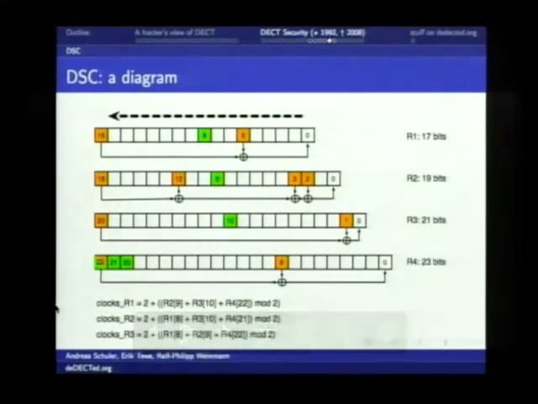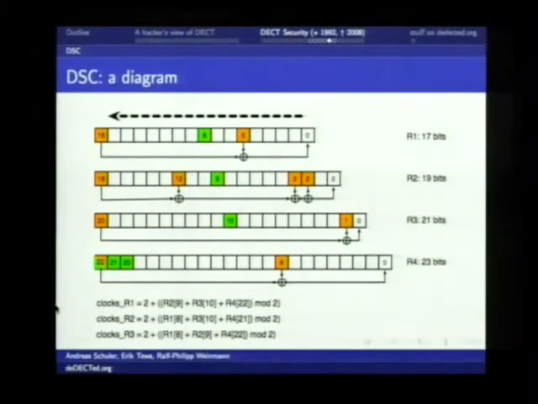What you see in orange are the tap positions for the Galois style LFSRs. What you see in green are the positions that are used for the clocking. So each of the registers gets tapped at the middle bit, just like the A5 functions do, A5/1 and 2, not 3.